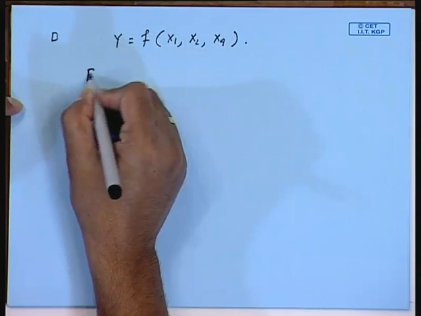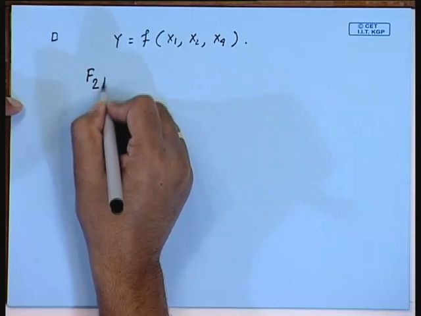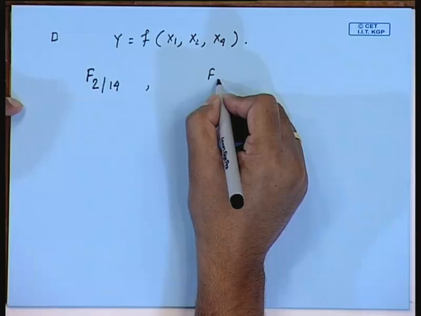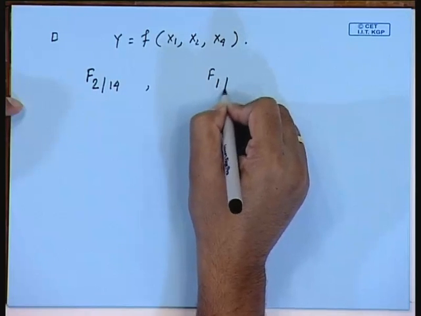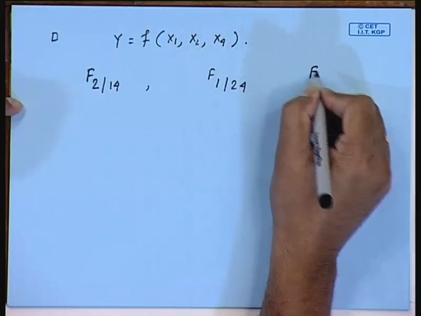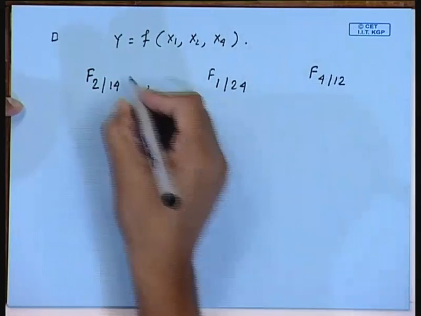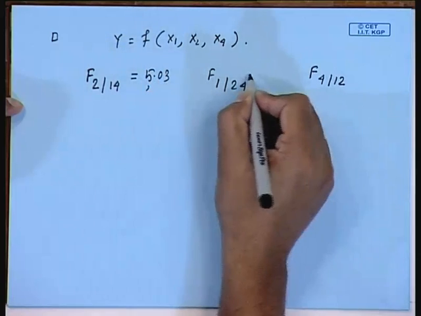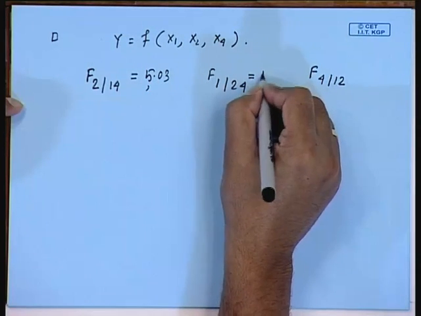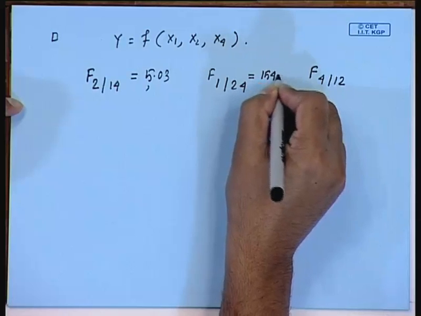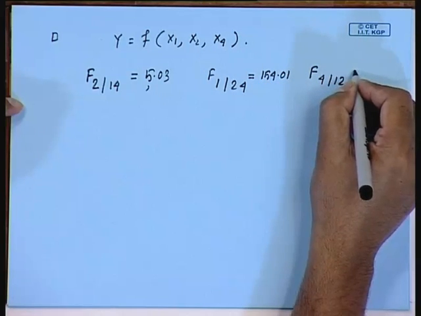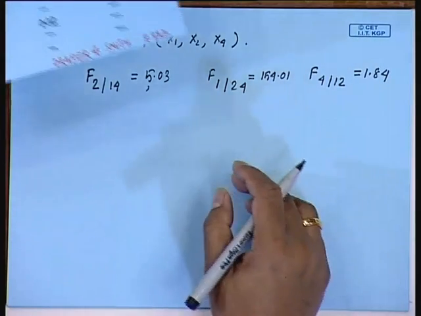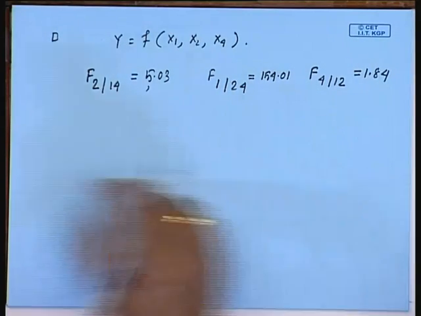Of course, we compute the partial f value f2 given 14, we compute f1 given 24, we compute f4 given 12. This one is 5.03, this one is 154.01 and this one is equal to 1.84. That you can check from this table, right. You can check from this table.